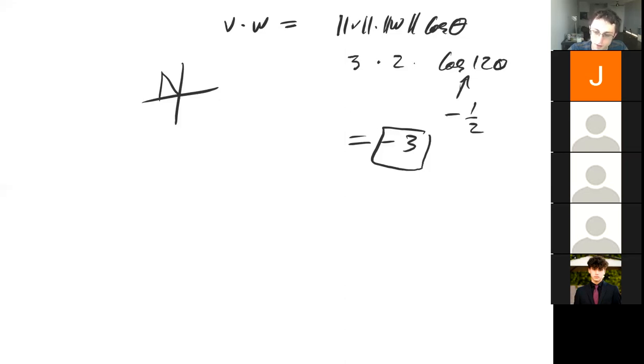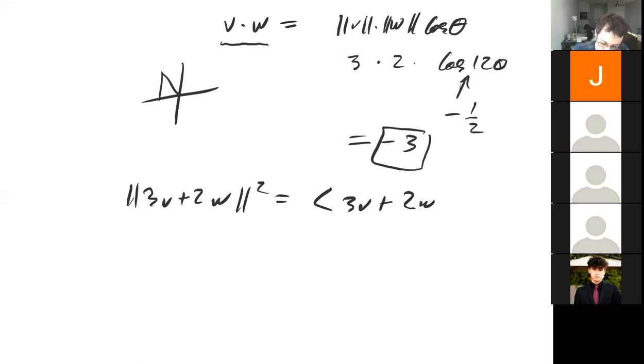Part 2 is a little bit trickier. The idea here is that, again, we have no information directly about what the individual components of v and w are. So we're going to have to do something a little bit more creative. Although we can't compute the magnitude of 3v plus 2w directly, we can compute its square using linearity of the dot product.